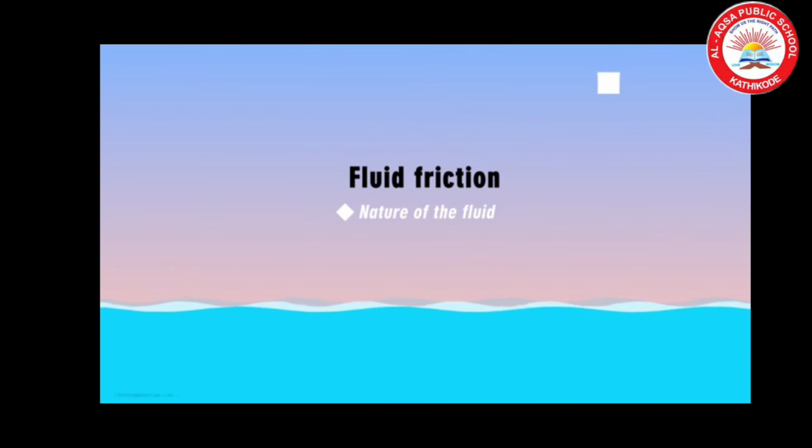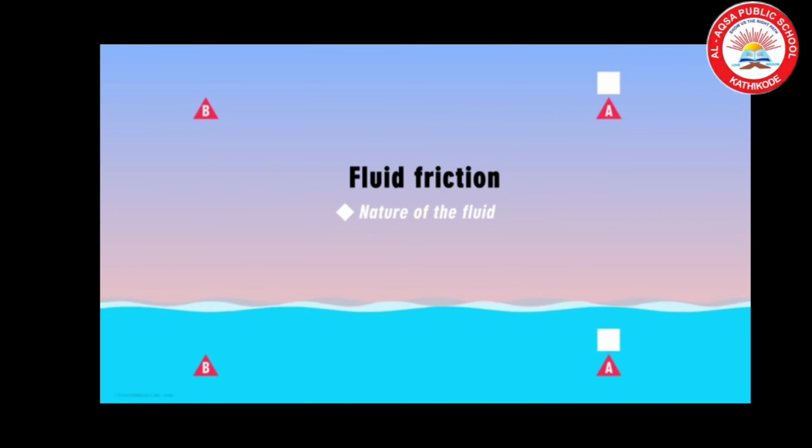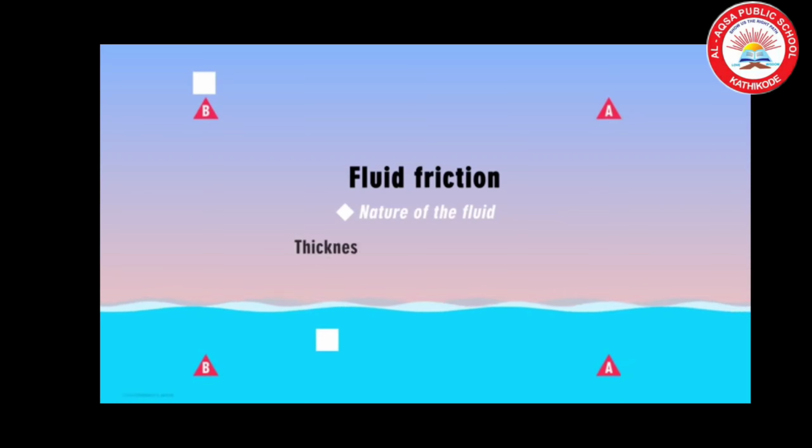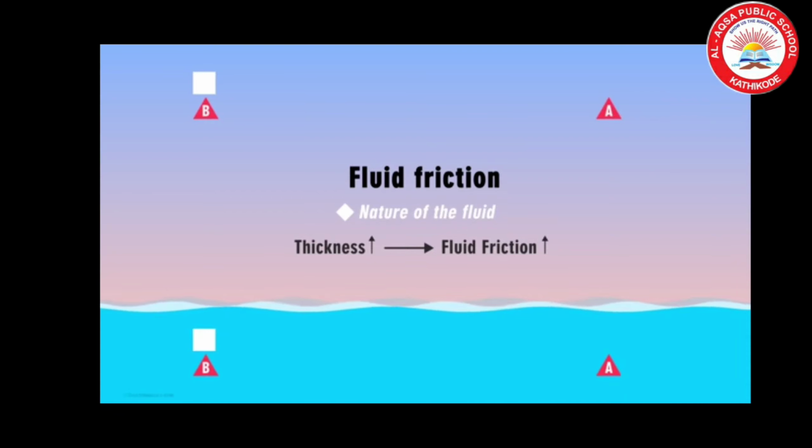The friction provided by the fluids depends on the nature of the fluids. Here are two examples for you. Consider an object moving from A to B through air and through water. Which one has more friction? Of course, the object moving through the water has more friction, because of the thickness of the fluid.